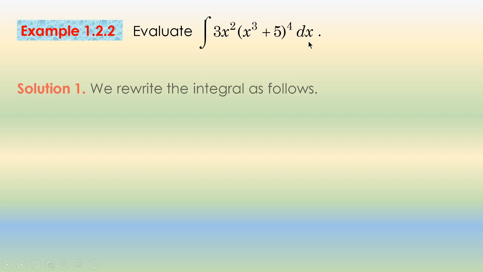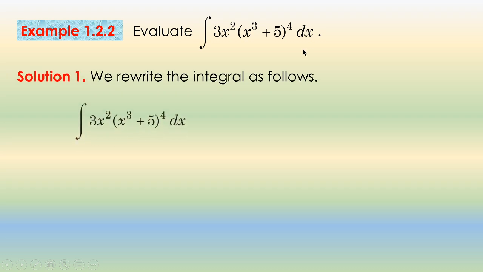Example 1.2.2. Evaluate the integral of 3x squared times the quantity x cubed plus 5 to the 4th dx. Let us express this integral in the form of u to the n du.